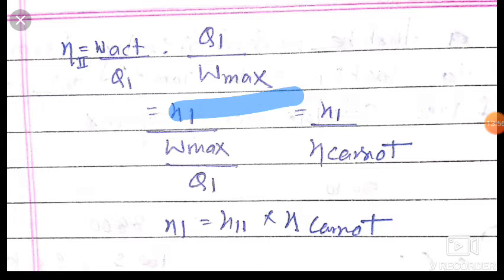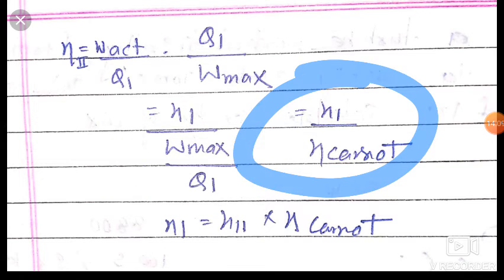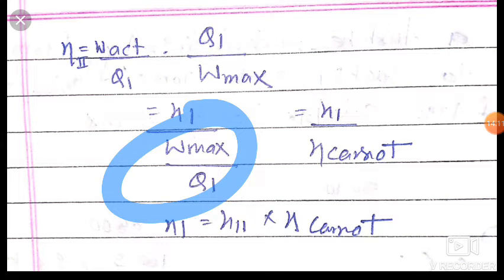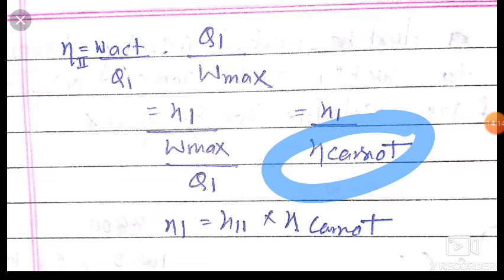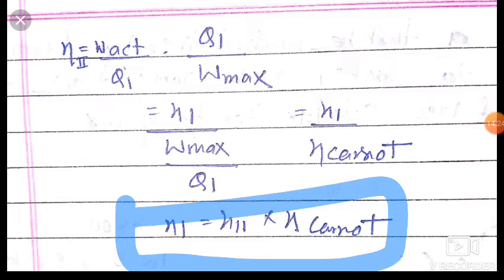So this is efficiency 1, which is actual, and this is work done maximum upon Q1, which is for our Carnot engine, where efficiency is higher. So we can write W maximum upon Q1 is equal to efficiency of Carnot engine. And friends, from here efficiency 1 is equal to efficiency second into efficiency Carnot. This is our relation between first efficiency, which is actual, second efficiency, and efficiency of Carnot. So friends, this is the end of the lecture.